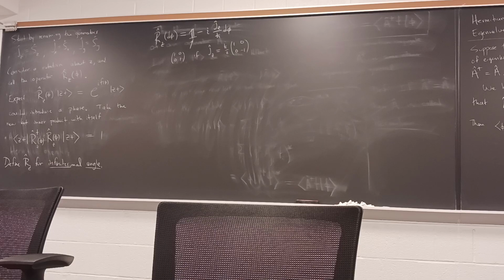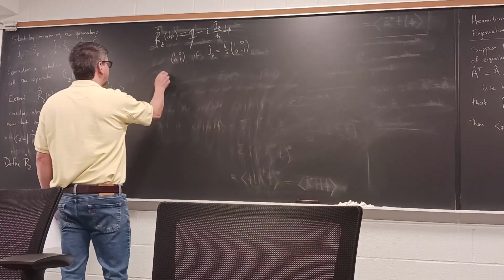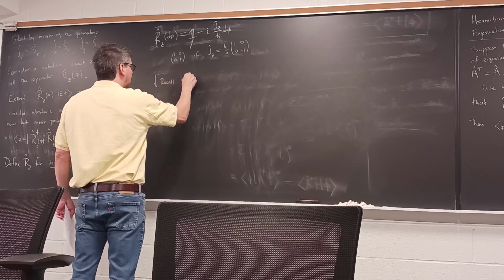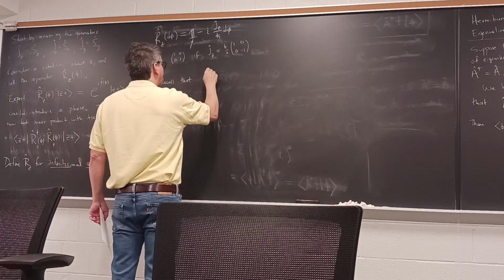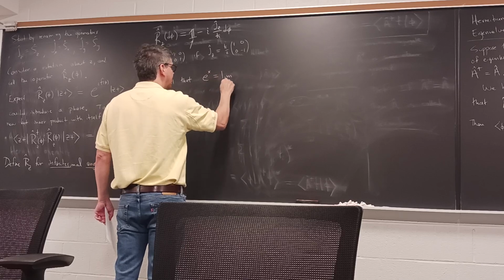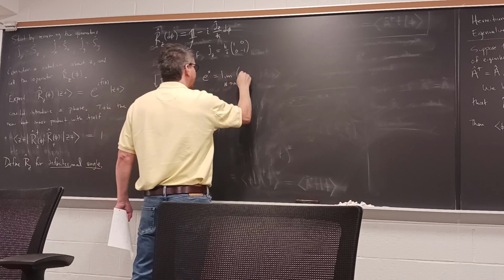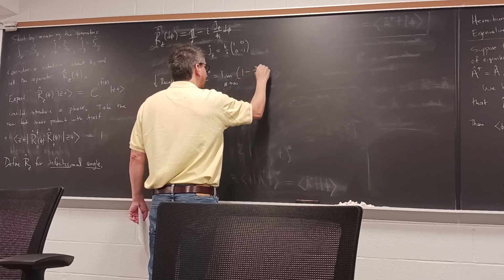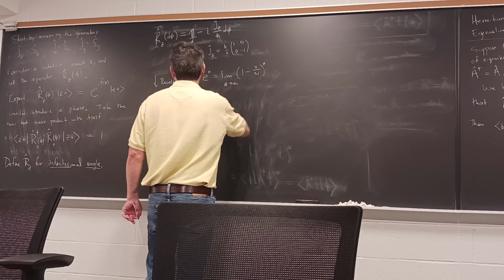Now let's recall e to the x is the limit as n goes to infinity of 1 minus x over n to the nth power.